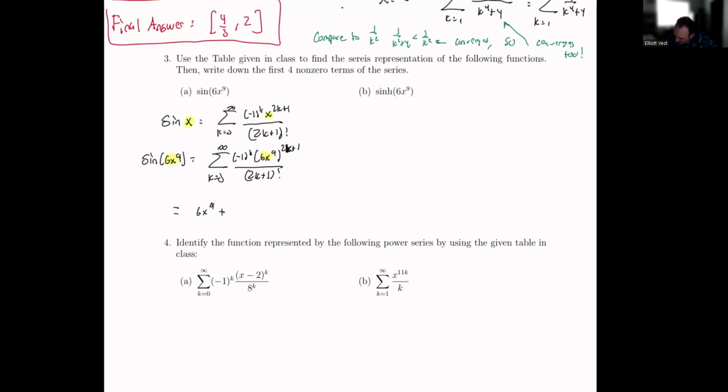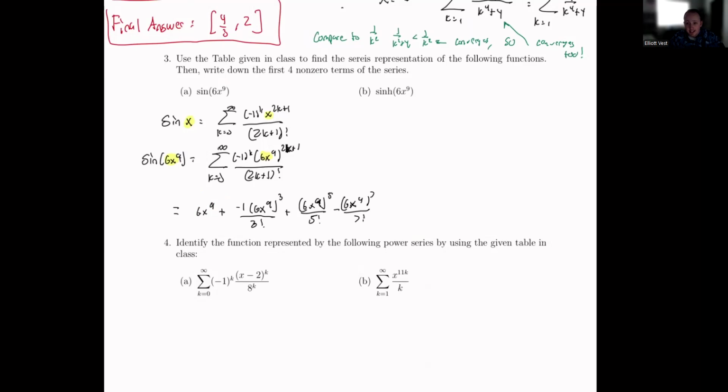Plus, now plugging in k equals 1, negative 6x to the ninth to the 3 power over 3 factorial, plus 6x to the ninth to the 5 power over 5 factorial, minus 6x to the ninth to the 7 power over 7 factorial. Those are the first four non-zero terms here.